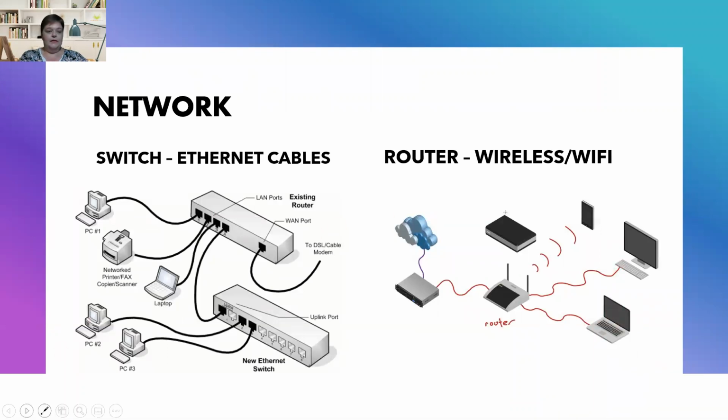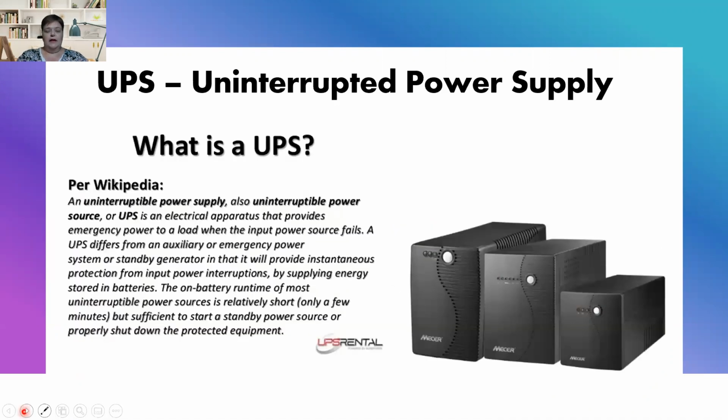The next important thing, and more so with the load shedding that we experience nowadays, is a UPS, an uninterrupted power supply, or we can also say an uninterruptible power supply. You get different sizes depending on the capacity that you need. A little one like this will give you 1 to 2 hours, depending on how much work and how many PCs you've got connected, up to quite a strong one.